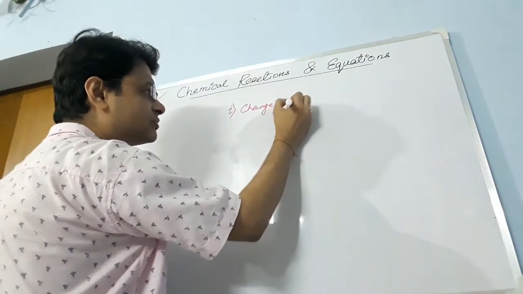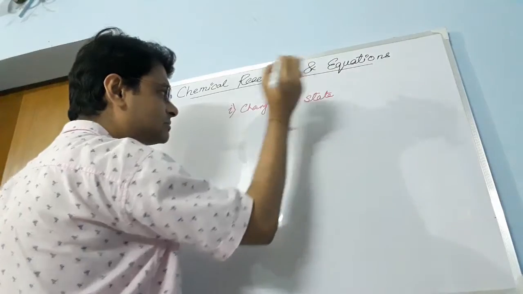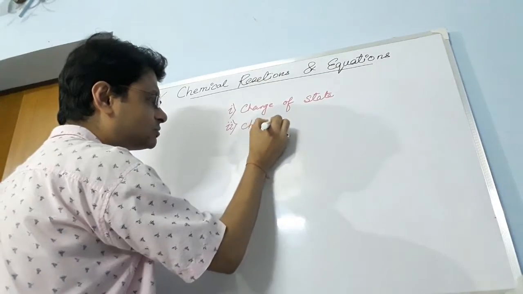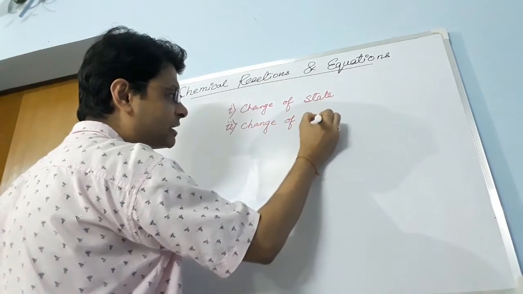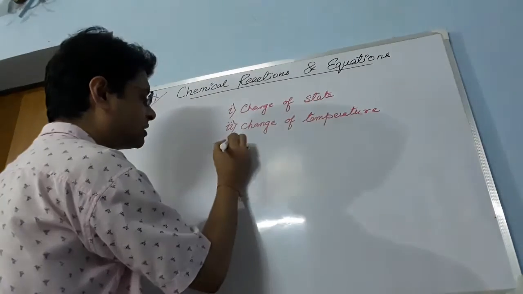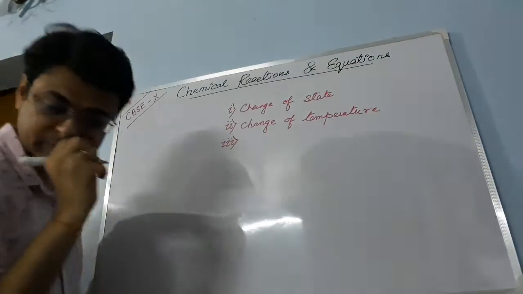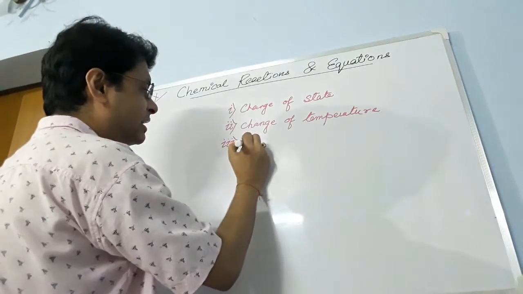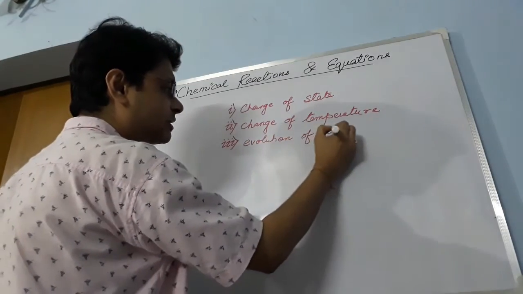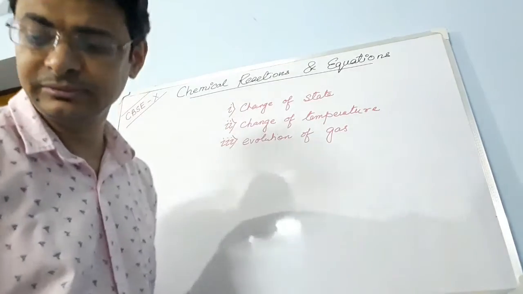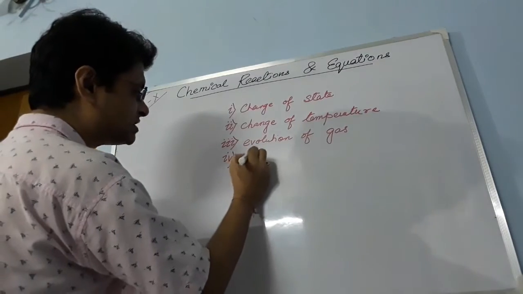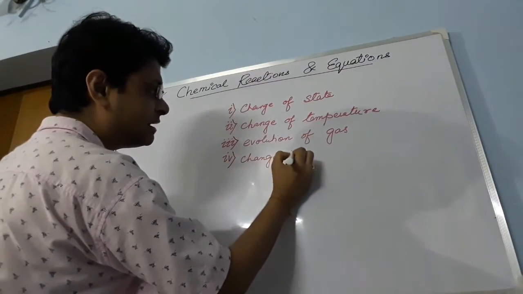change of state, number 2, change of temperature, number 3, evolution of gas, and number 4 is change in color.